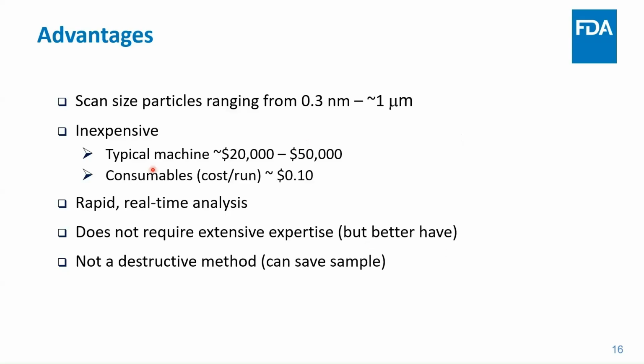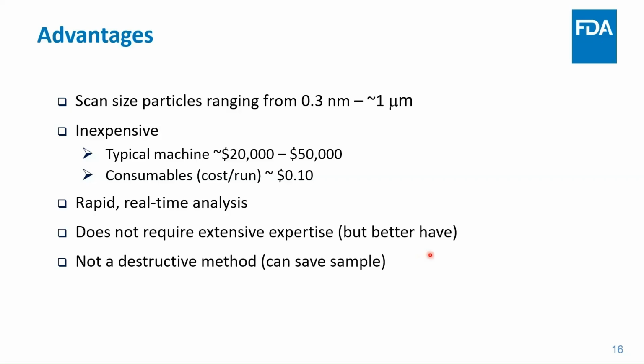The advantages are 0.3 nanometers up to a micron pretty easily. You can measure that. The instrumentation is very cheap, and consumables like cuvettes and syringe filters are also very cheap. The analyses are super quick, can often be done in several minutes for a number of samples. It doesn't require expertise, is what they say.